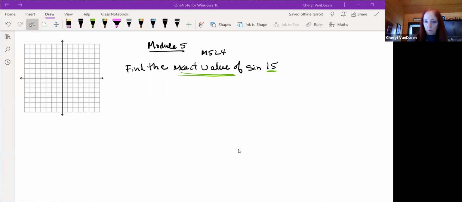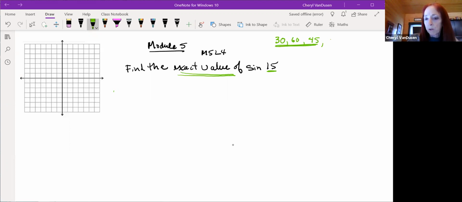Before we decide which one is going to work for us, let's figure out what angles we would want to be using here. Two angles we want to be able to add or subtract to 15. If you think about the angles we know lots about: 30, 60, 45, and any angles having those reference angles.